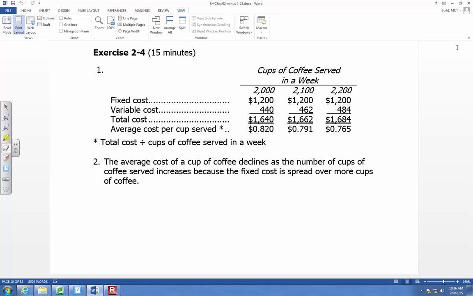So the difference is fixed costs behave in a way that they don't change based on volume. Variable costs remain the same what? Per unit and change based on quantity. And now we're going to get a little more sophisticated, and instead of just saying quantity, based on activity driver. Right?